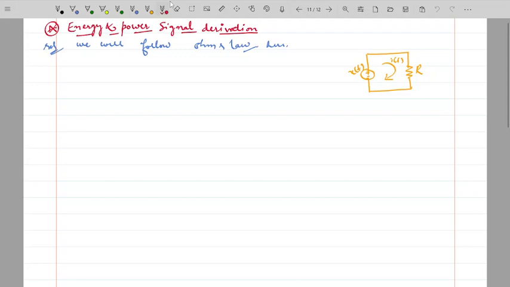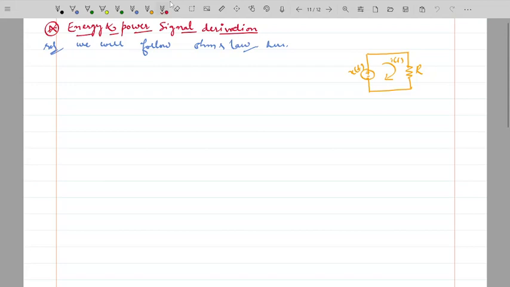This energy and power signal derivation we will derive according to Ohm's law. The energy signal does not indicate the actual energy of the signal, because the signal energy depends not only on the signal but also on the load resistance.